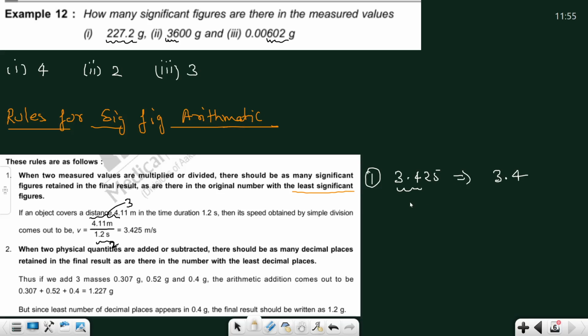And if you are calculating 2.0 into 5.00 divided by 1.00000, what will be the final answer?